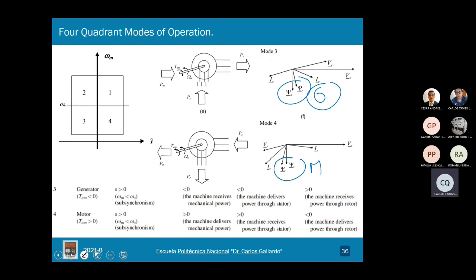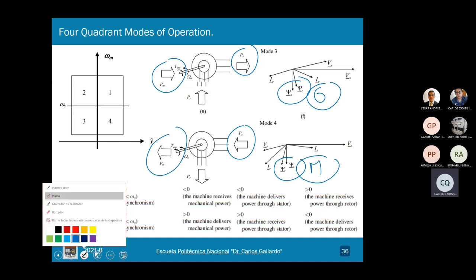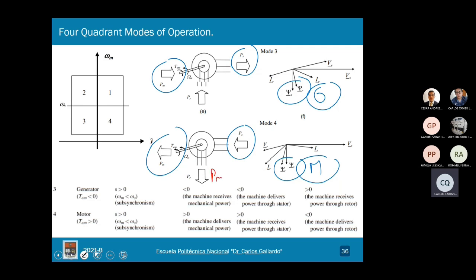If this is the generator mode of operation, the input is the mechanical power and the output is the stator active power. If I have a motor operation, the input is the stator active power and the output is the mechanical power. This is the mechanical power, this is the stator active power, and this is the rotor active power.